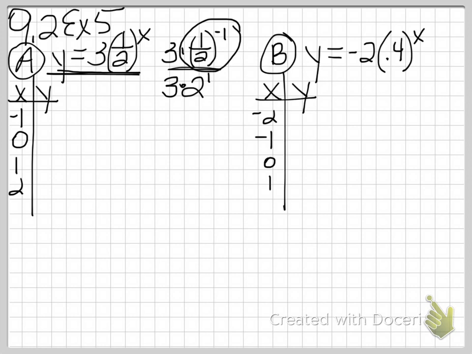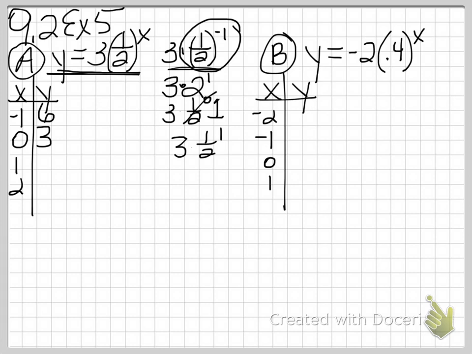So I want to make sure I'm real clear. 2 to the first power is 2, and 2 times 3 is 6. We plug in 0. Remember, anything raised to the 0 power is 1. So that becomes a 1, and 3 times 1 is 3. Then 3 times 1/2 raised to the 1: 1/2 raised to the 1 is 1/2.